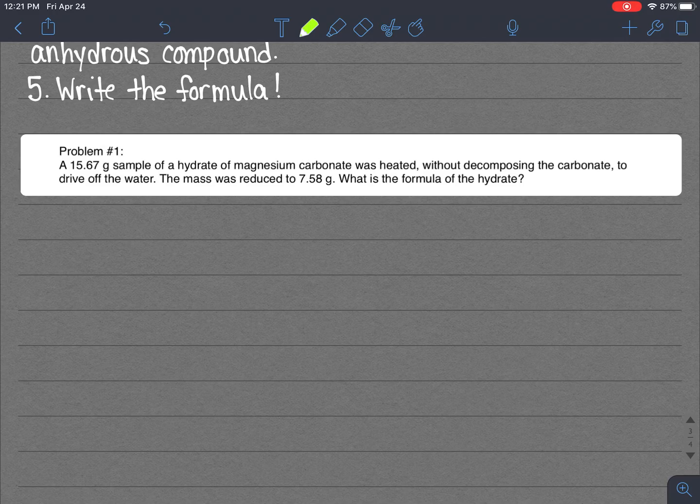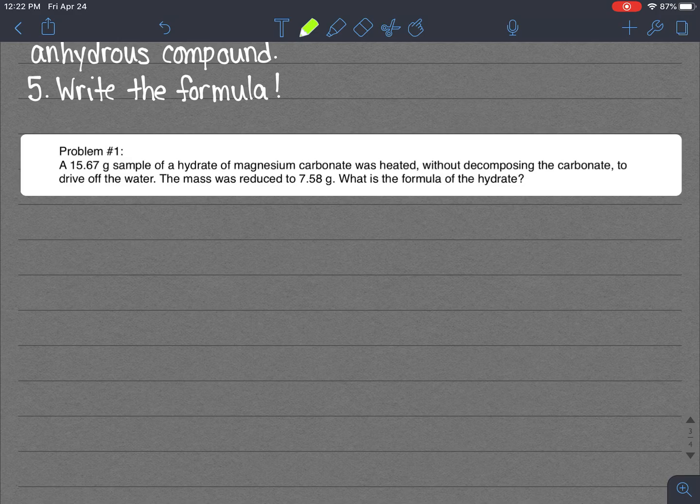A 15.67 gram sample of a hydrate of magnesium carbonate was heated without decomposing the carbonate to drive off the water. Now we know that that's really hard to do, right? Carbonates themselves are really easy to break apart. So when you're heating up a carbonate-based compound that is hydrated, you have to do it very, very gently to discourage the magnesium carbonate from breaking down into magnesium oxide and carbon dioxide.